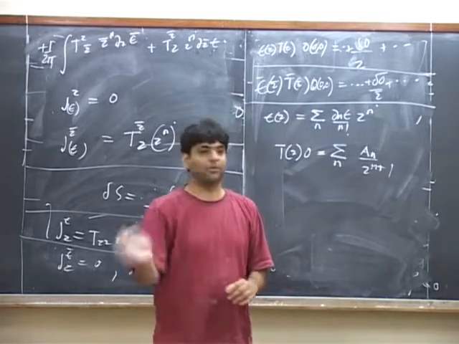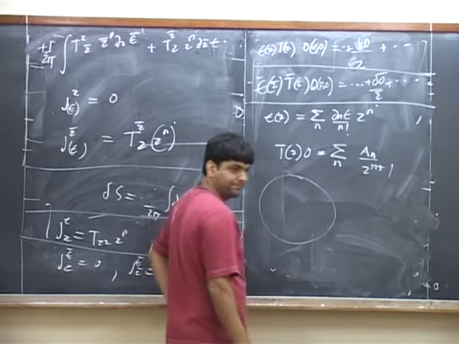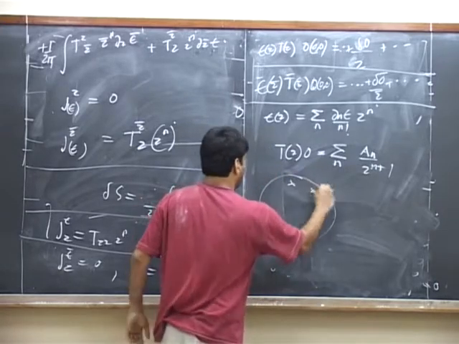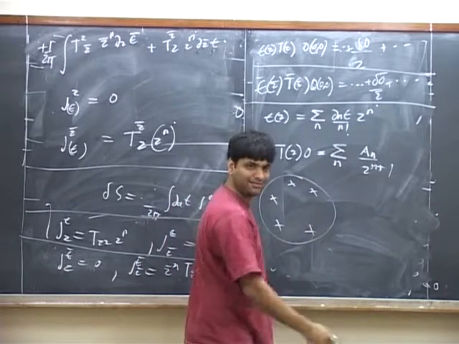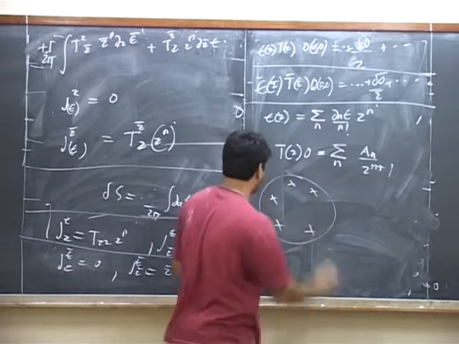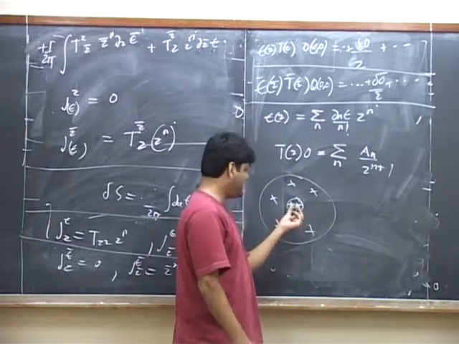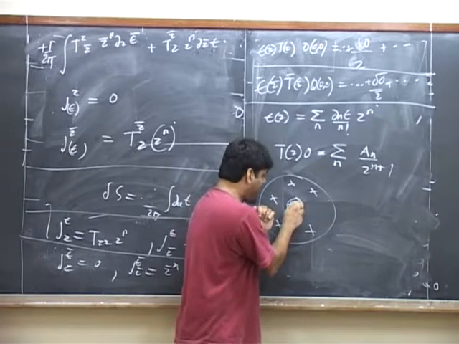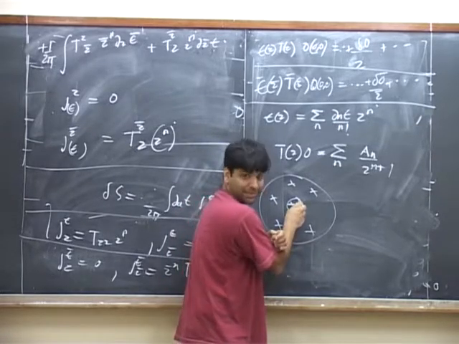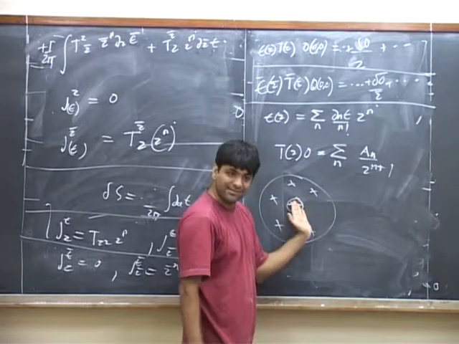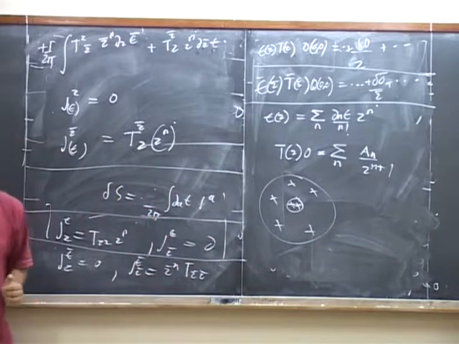It's a remarkable property of quantum field theory that if you have some operators inserted far away, we'll see what far away means next, and you've got two operators nearby, then the dependence of this correlation function on the distance between these two operators is independent of what other operators you have inserted.